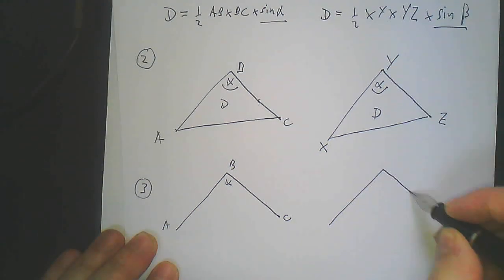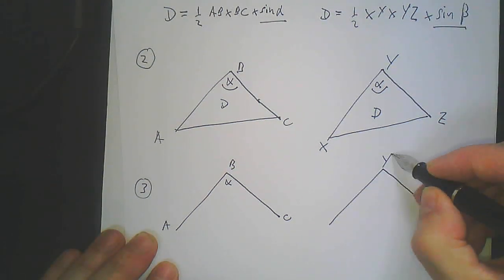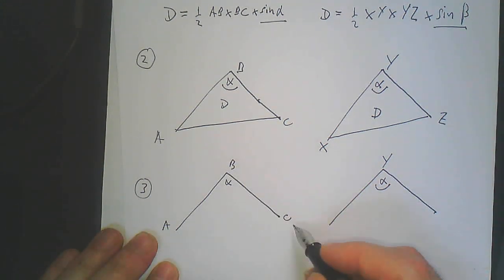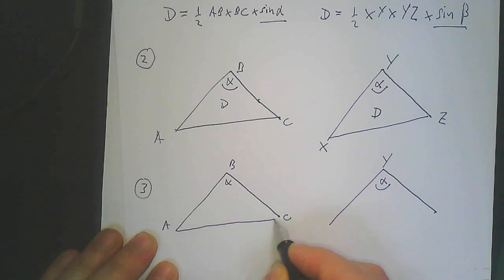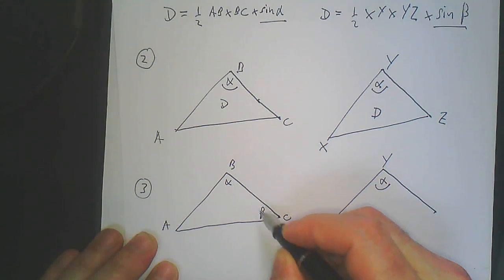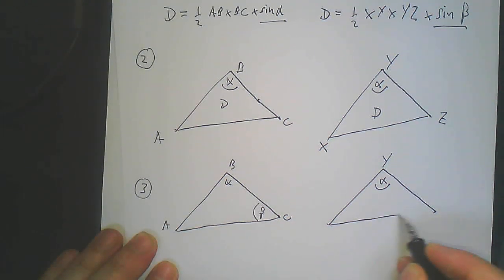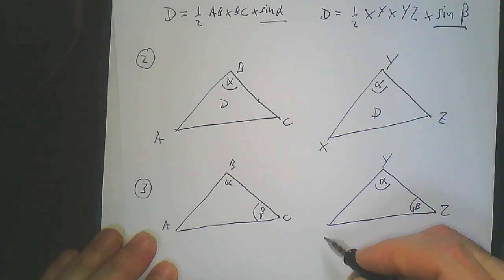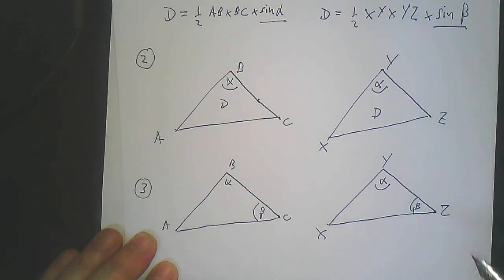So the angle at Y here is also alpha. And then it says BCA, so this time this is going to be beta in here, is the same as the angle here at Z. So these two angles are the same.